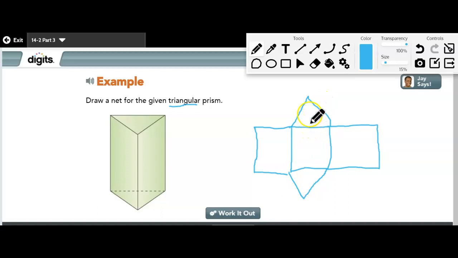If you want some help with how I did this, this is the top base up here. This is the bottom base. This is the back face that we see here. That's a lateral face.